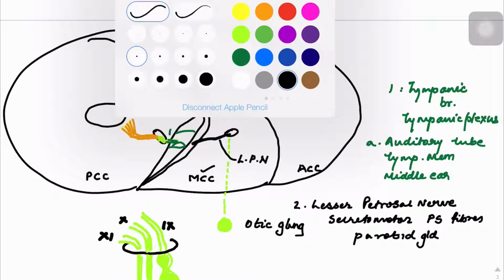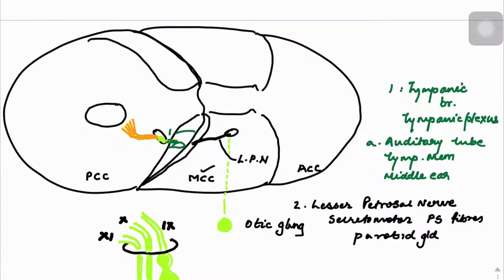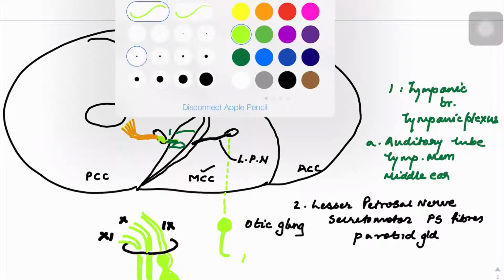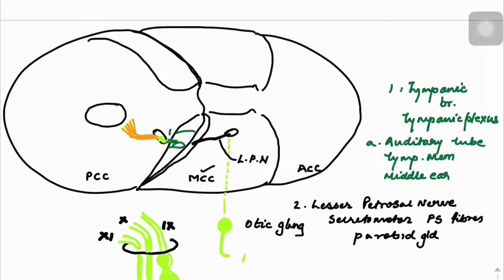Now, from this, the postganglionic parasympathetic fiber come out with the help of a nerve called auriculotemporal nerve. Let us say this nerve is called auriculotemporal nerve.